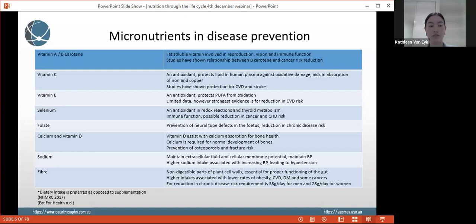And there is a lot of good research coming out showing lower rates of obesity, cardiovascular disease, diabetes, and some cancers with high fibre intakes. And in terms of requirements for fibre, we're looking at about 38 grams a day for men and about 28 grams a day for women.